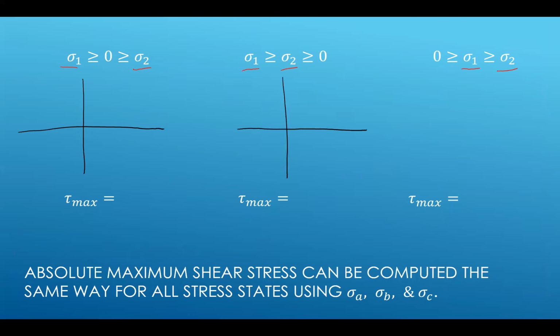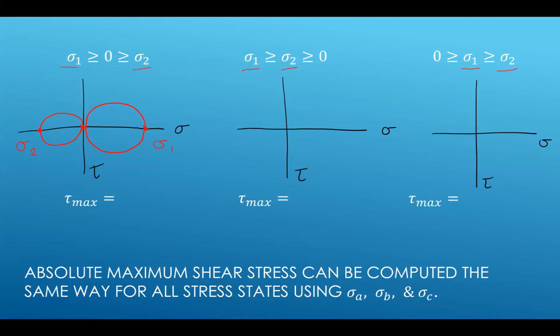So let's draw the Mohr circle for each scenario. In the first scenario, where sigma 1 and sigma 2 are opposite signs, we have something that looks like this. We have circles that pass through 0 and each of our principal stresses.